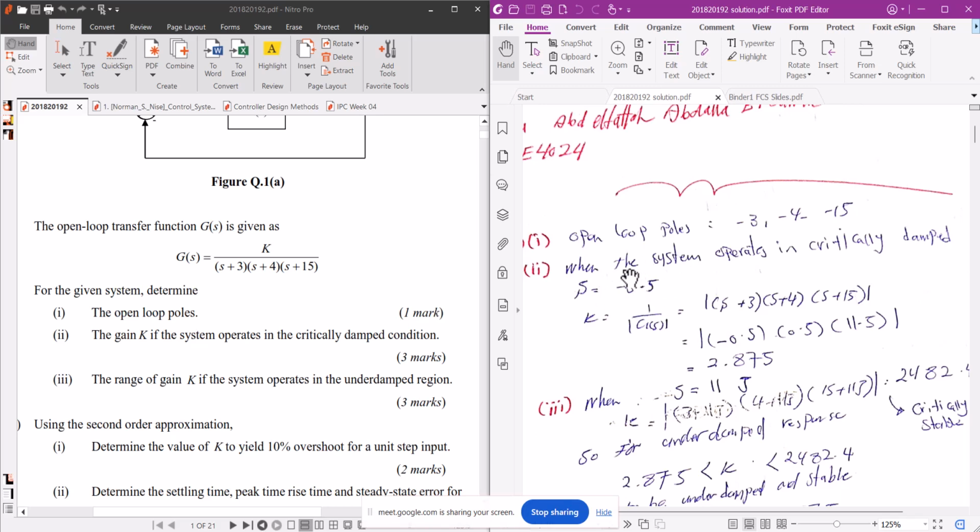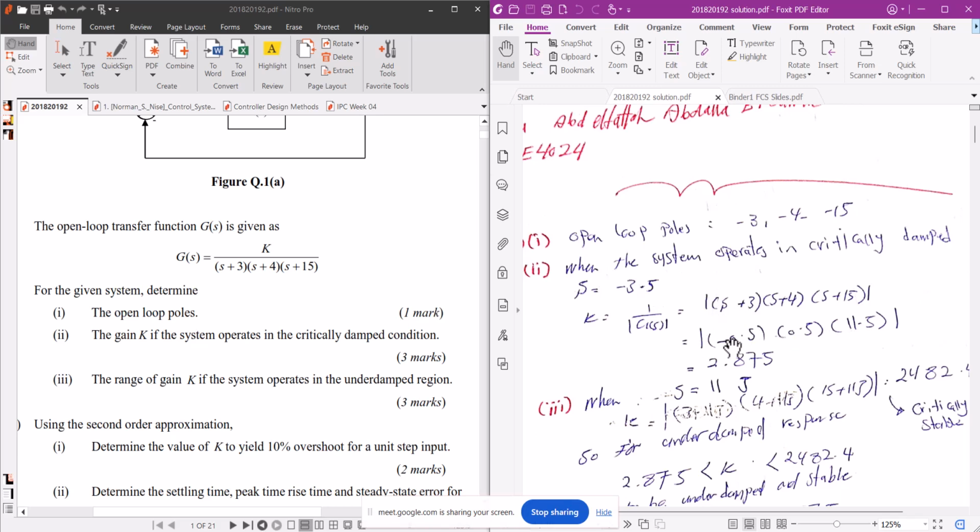Put s equal to minus 3.5 here. So you will get minus 3.5 plus 3, which is minus 0.5, minus 3.5 plus 4, which is 0.5, minus 3.5 plus 15, which is 11.5.